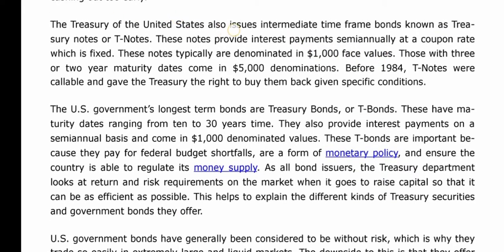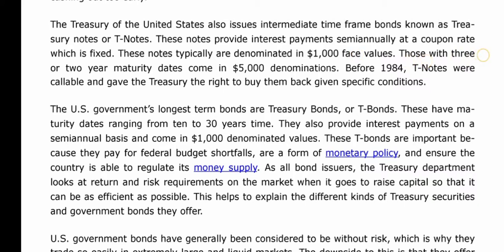The Treasury of the United States also issues intermediate time frame bonds, known as treasury notes, or T notes. These notes provide interest payments semi-annually at a fixed coupon rate. These notes are typically denominated in $1,000 face value.